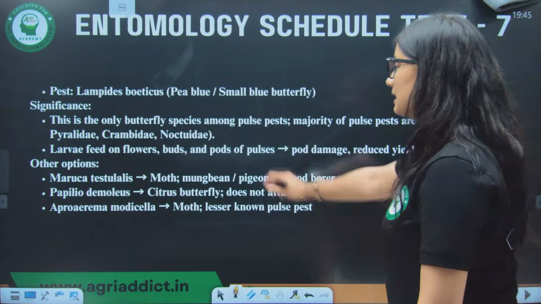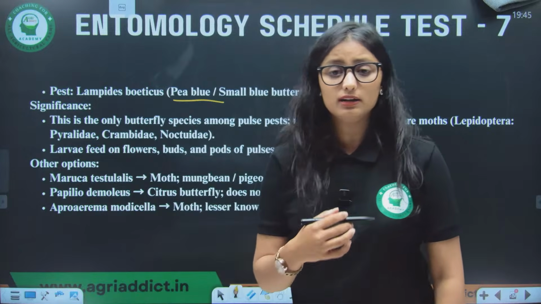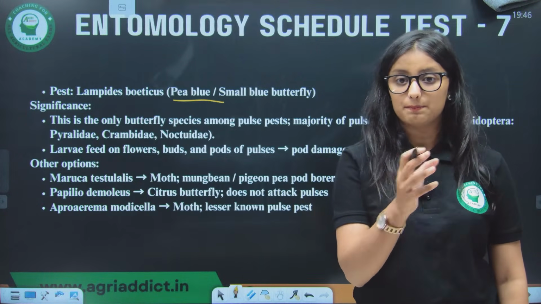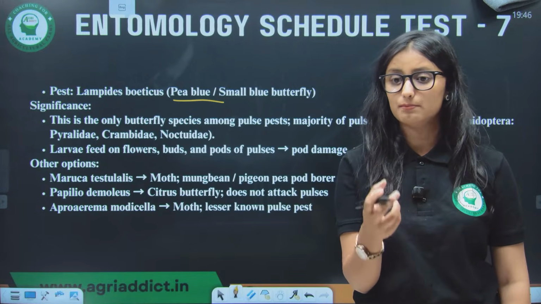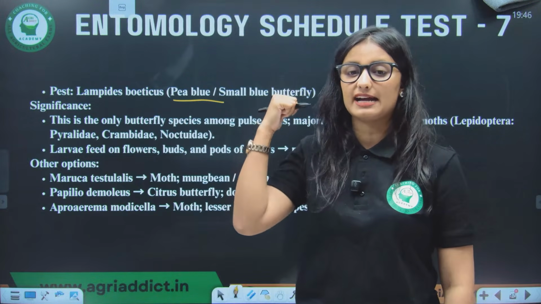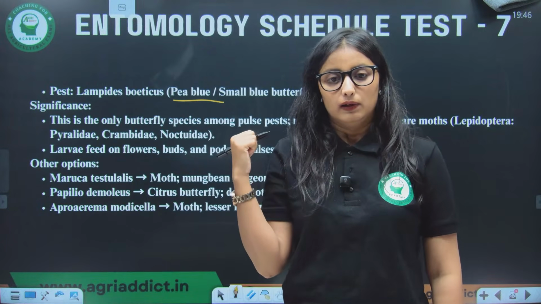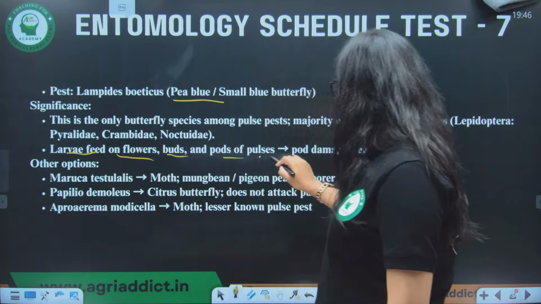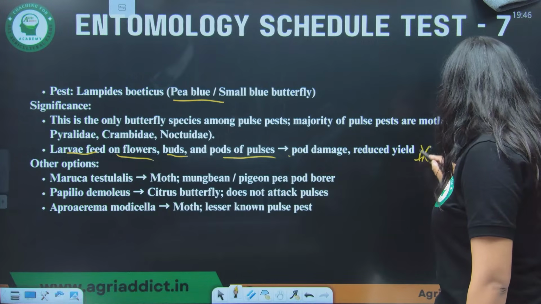So it is the pea blue or small blue butterfly. This is the only butterfly among pulse pests. The majority of them are moths. This is the only butterfly that is attacking. It feeds on flowers, buds and pods of the pulses. It causes pod damage.